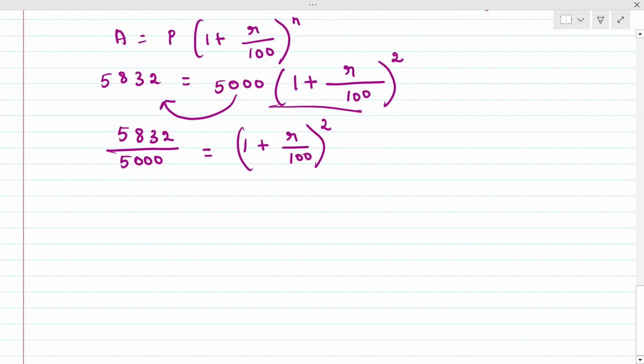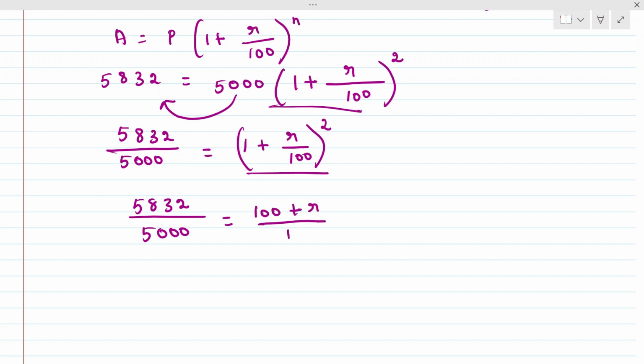Now we will simplify this. 5832 divided by 5,000 equal to, here we will take LCM, 100 plus R divided by 100 the whole square.